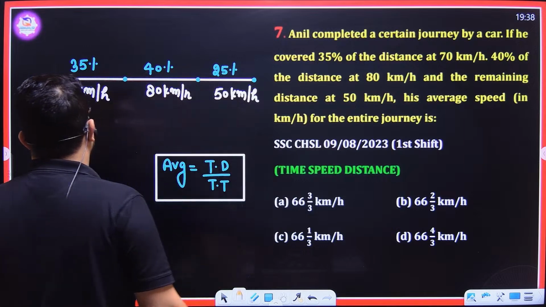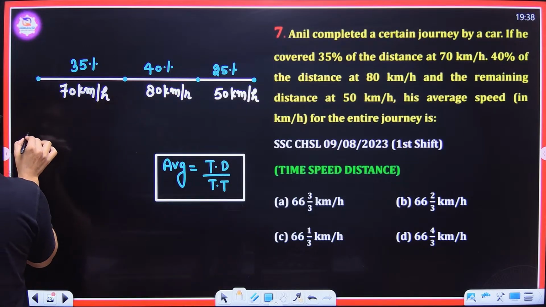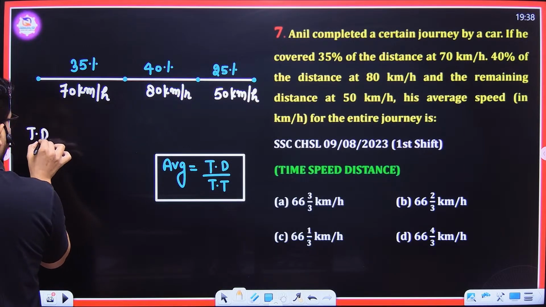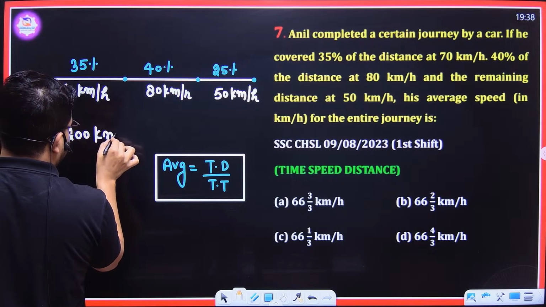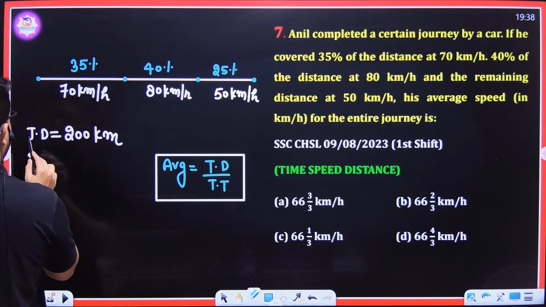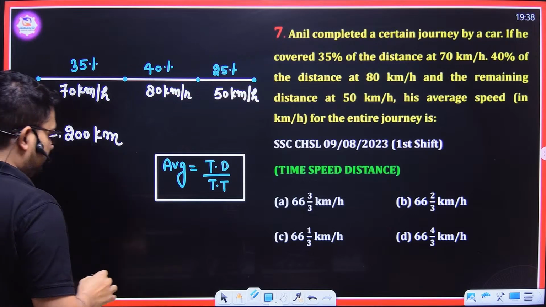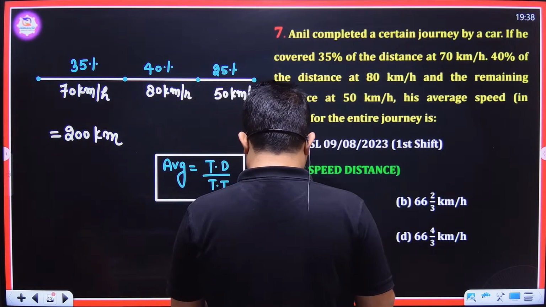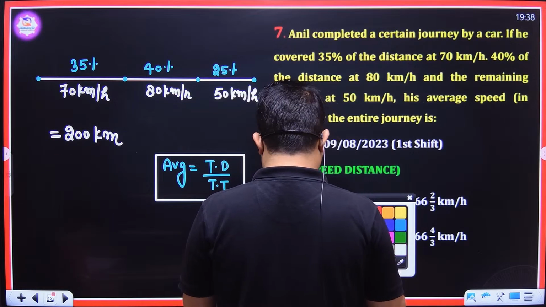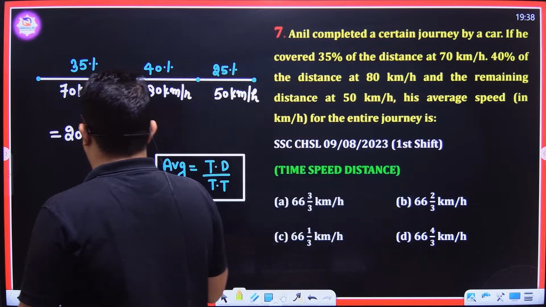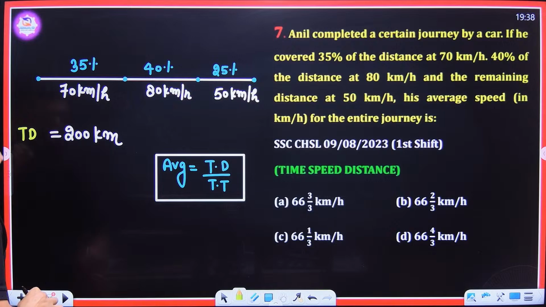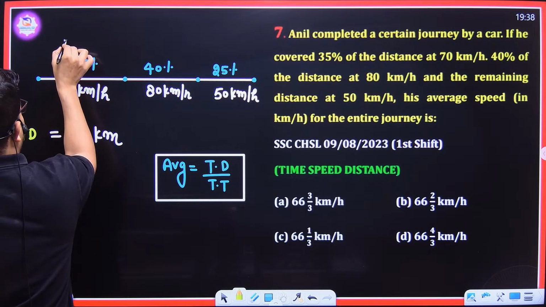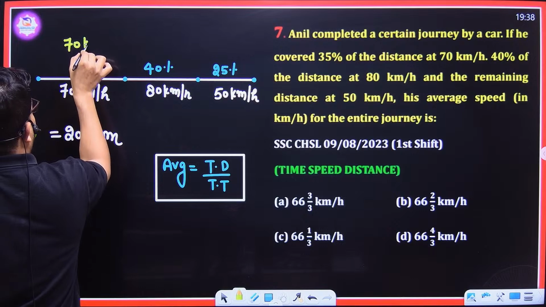See, if I take total distance equal to 200 kilometers, you can assume your distance. Why do I assume it 200 kilometers? Because 35% of 200 is 70. This distance becomes 70 kilometers.